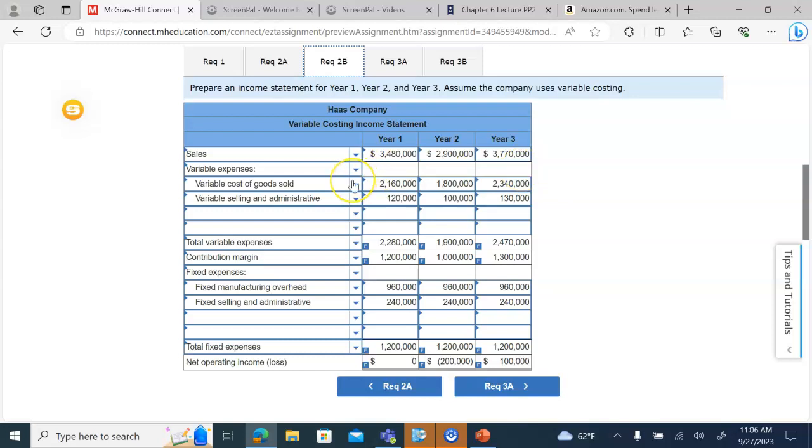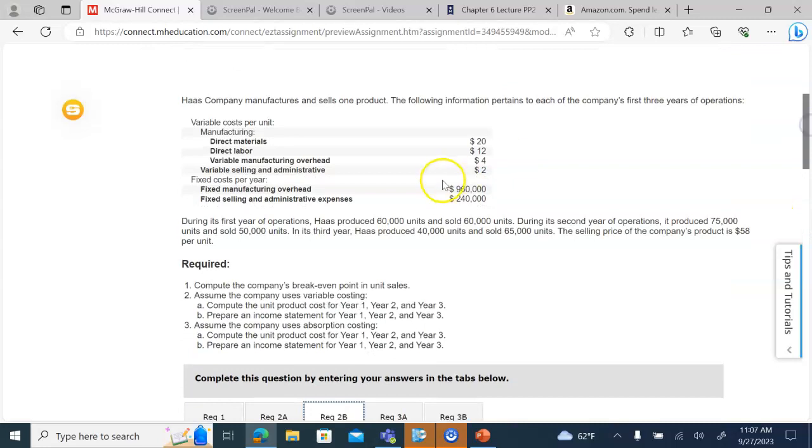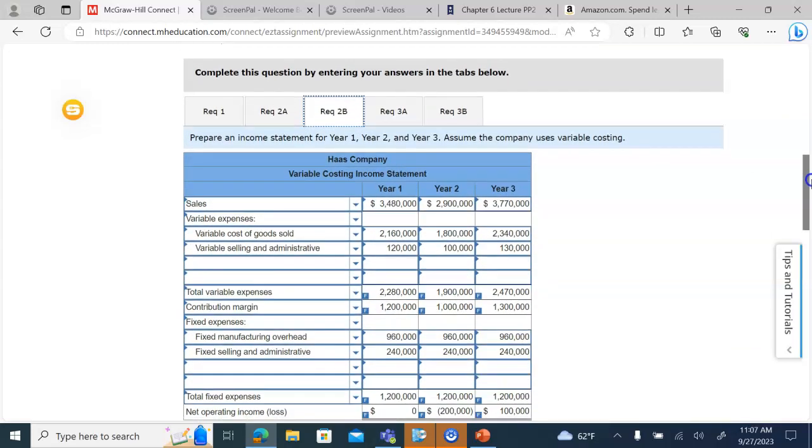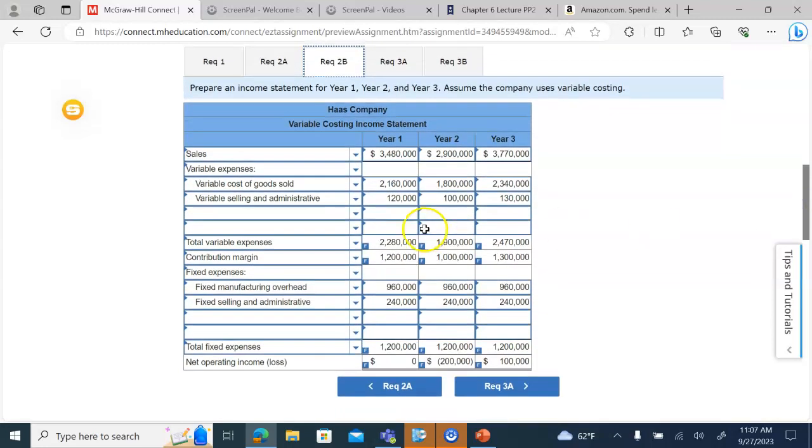The variable cost of goods sold will be, again, based on the figures they gave us times what was sold. So we've got here 20, 32, 36 bucks in variable costs times those respective costs. And then the variable selling and admin, I believe that was 2 bucks times the amount sold.